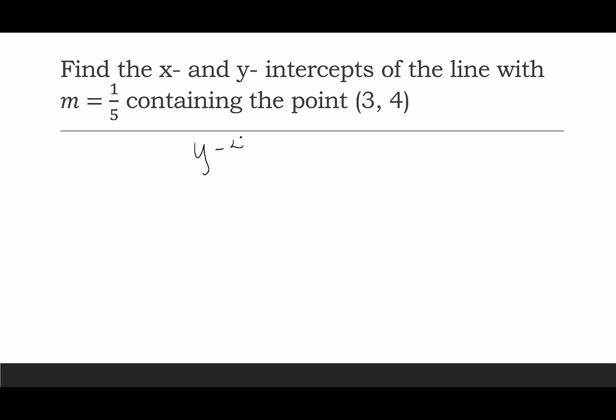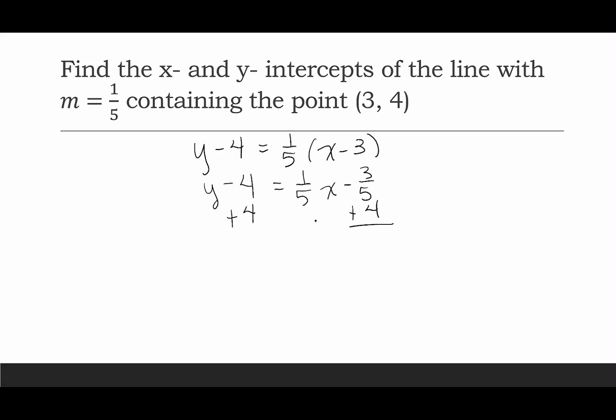I have y minus 4 is equal to 1/5 of (x minus 3). I have y minus 4 is 1/5 of x minus 3/5. I'm going to bring the 4 over. I have y equals 1/5 of x. 4 can be written into a fraction with the common denominator of 5, so 4 times 5 is 20 over 5.